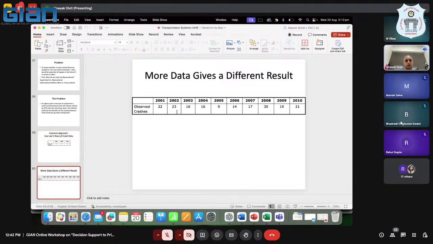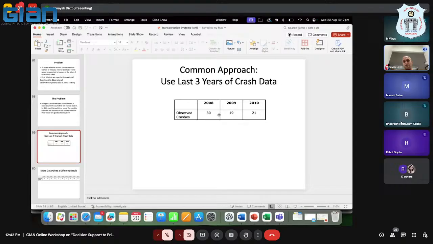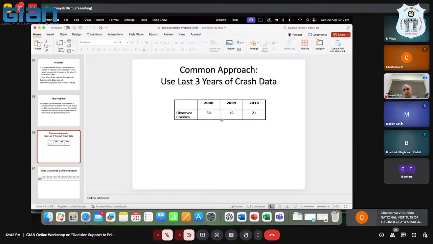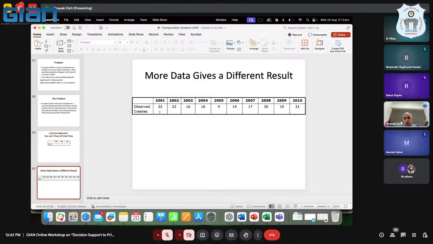Now, if I take the average of this, that will be 40 plus 37. Is that right? 70 by 3, that is around 23. Yeah, 23 point something. Now, if I take more data, it will be less than 23 because you're also getting a few 17, 14, 9.